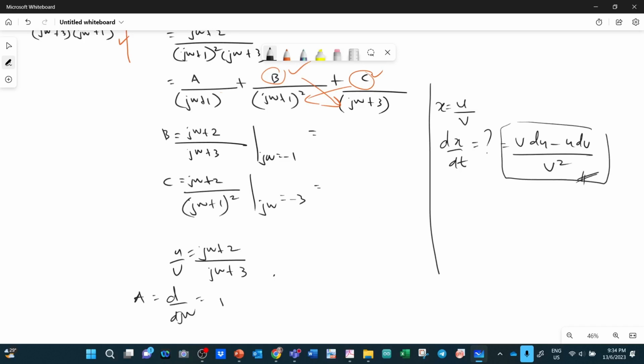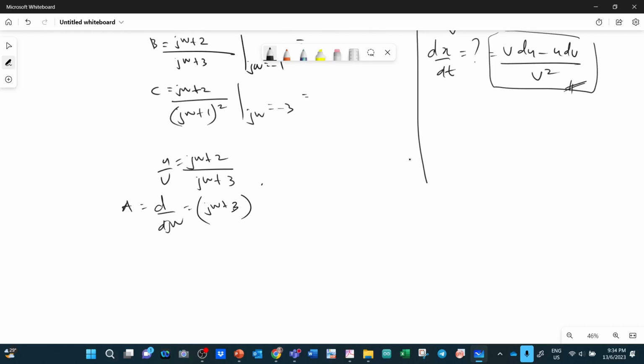So what is v? v is jω+3. Differentiate u. Since this is differentiating jω, you get 1. And minus u dv. What is u? u is jω+2. dv is underneath here, so differentiate jω, you get 1, over v squared, (jω+3) squared.